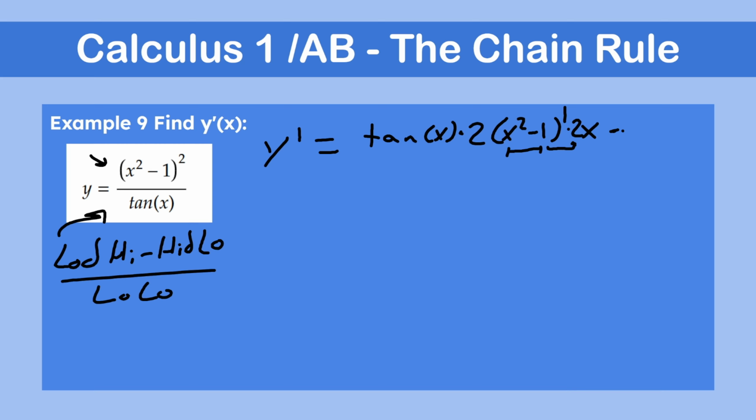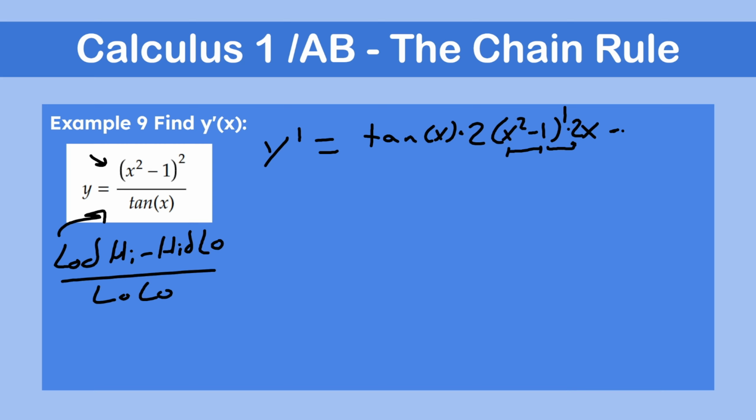All over tangent squared x. So this is a pretty long equation, but it could be simplified. So now we have 4x, x squared minus 1, tangent x, minus secant squared x, x squared minus 1 squared, all over tangent squared x.